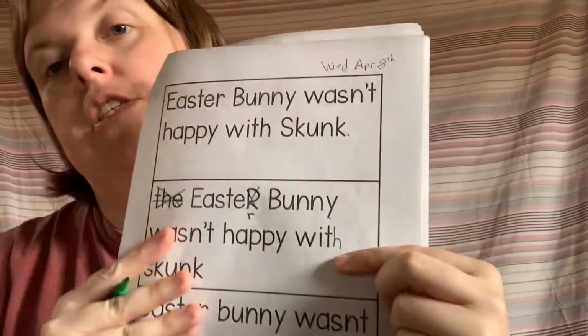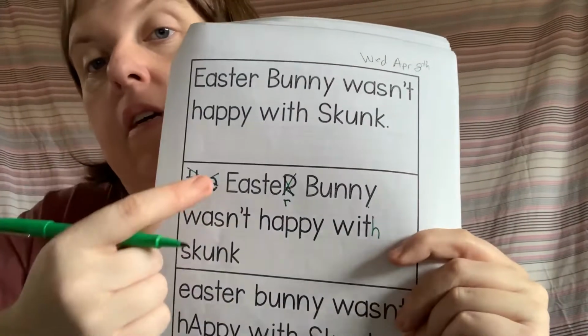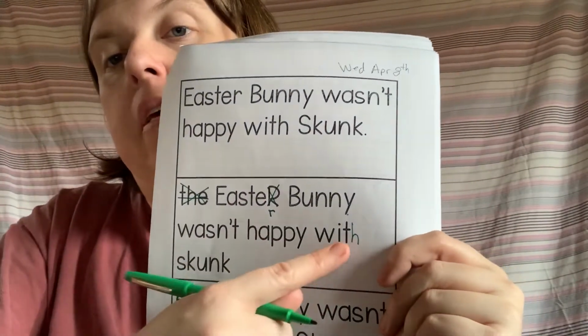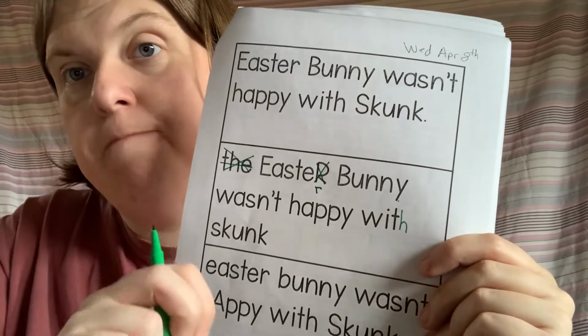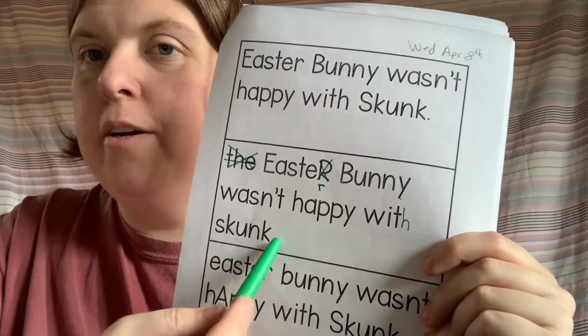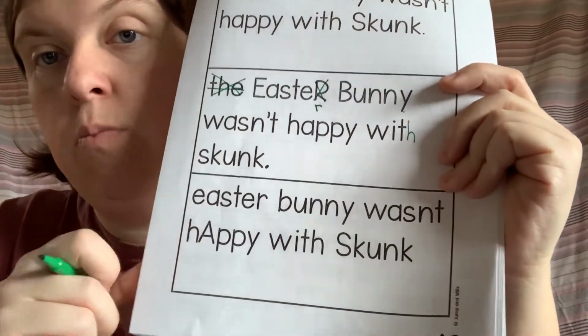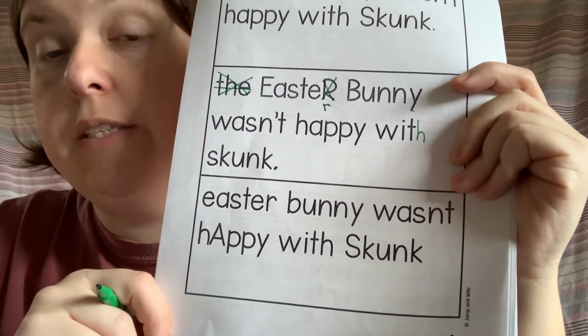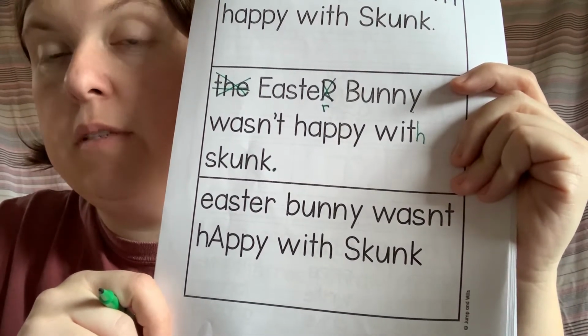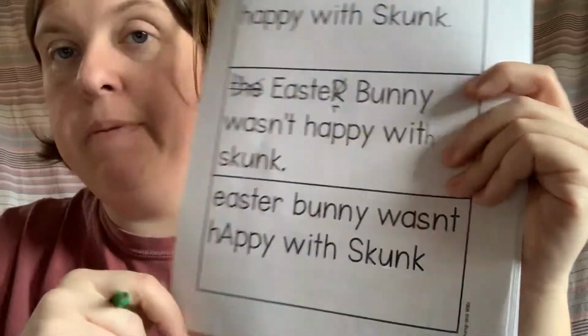So I need to add an H to the end of that. So, Easter Bunny wasn't happy with Skunk. Any other problems? Period at the end of our sentence. Give yourselves a round of applause. That's pretty awesome. Okay, so now you're going to go through and fix this very bottom one. Easter Bunny wasn't happy with Skunk. Go find our problems and fix them. All right, snap a picture of that, and it'll be page 10, fix it.